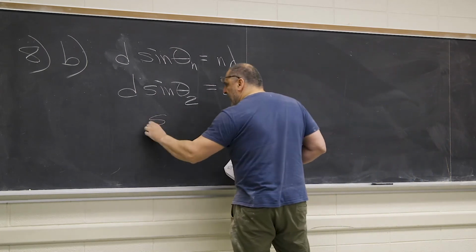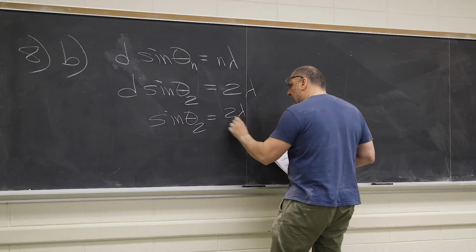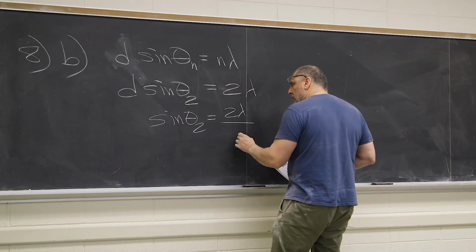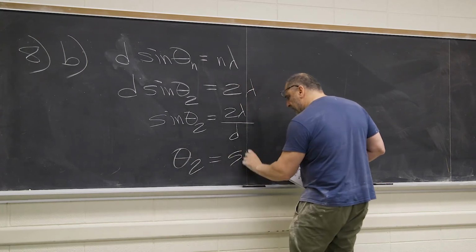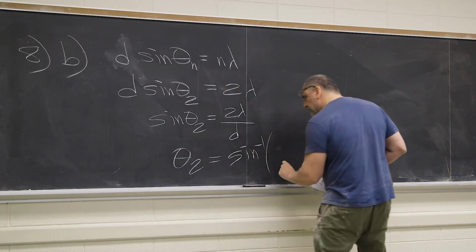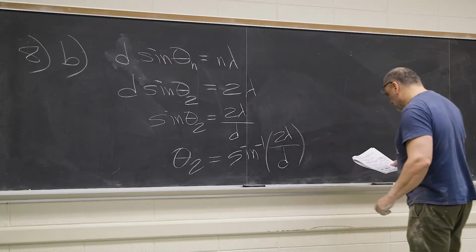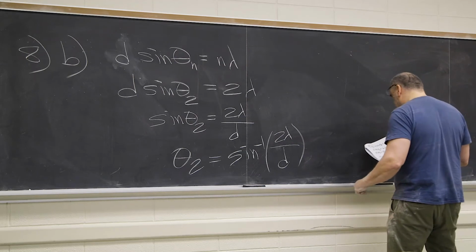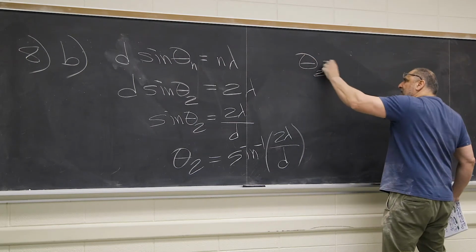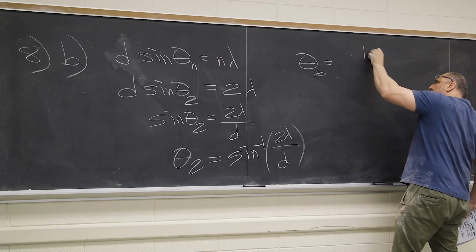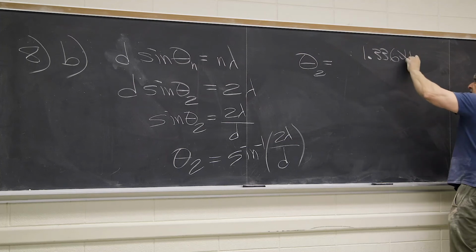We know that the sine of theta sub 2 is going to be 2 lambda over d. Theta sub 2 is going to be the inverse sine of 2 lambda over d. What is that? Well, we already did something about this, guys. Lambda was 1.336 times 10 to the negative 6.